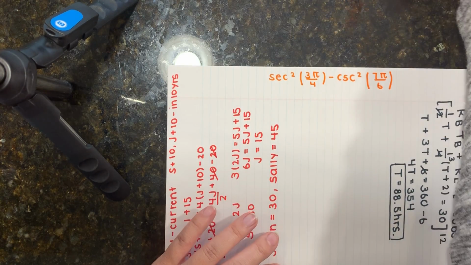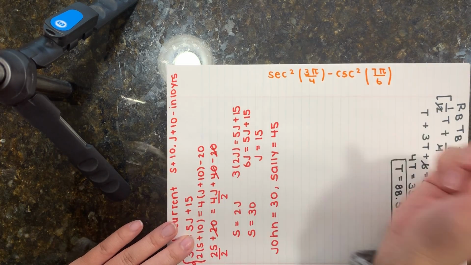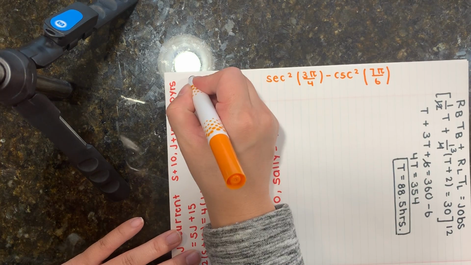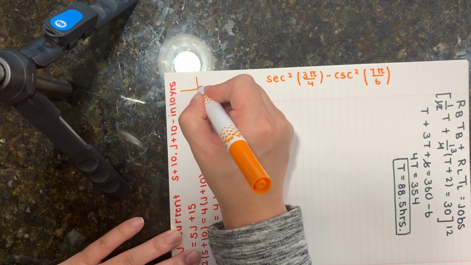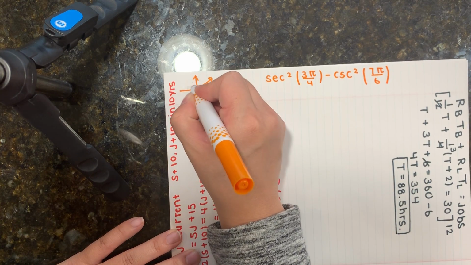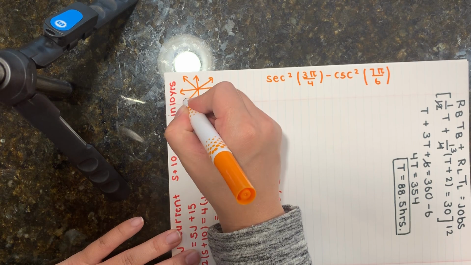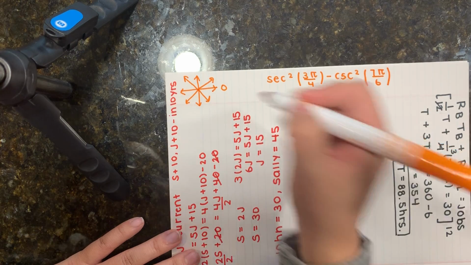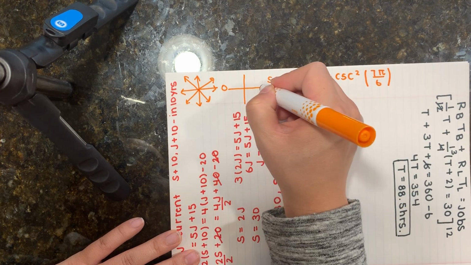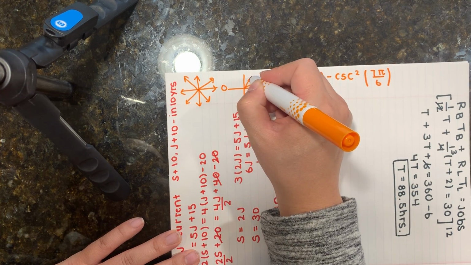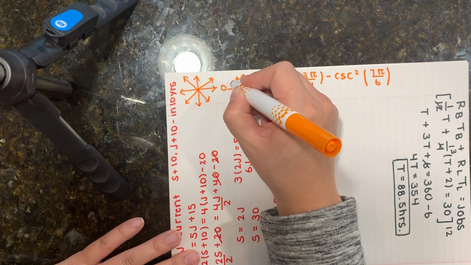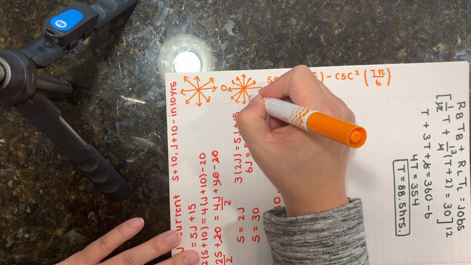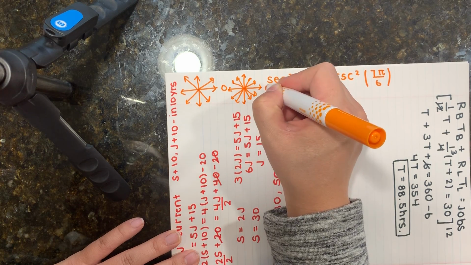Now what we're going to do is draw my snowflakes. I'll do them over on the side here. So 1, 2, 3, 4, 1, 2, 3, 4, and then over 6, 1, 2, 3, 4, 5, 6, 1, 2, 3, 4, 5, 6, starting at 0.